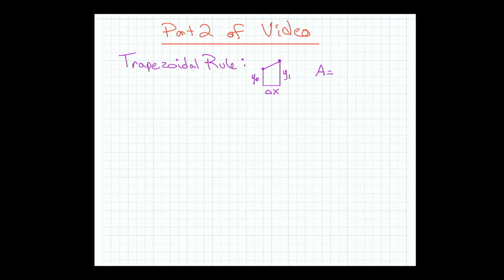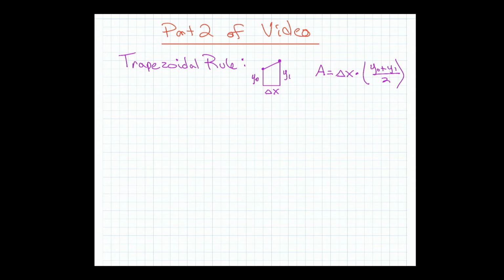Well, it turns out that the way you get the area of a trapezoid is not the width times the height, but it's the width times the average of the heights. So if you have height y0 on the left and height y1 on the right, the average of the heights is (y0 plus y1) over 2.